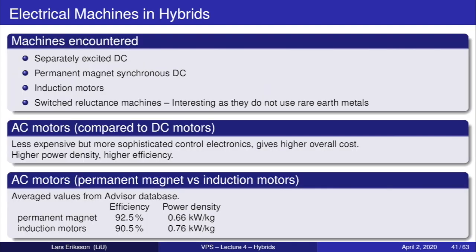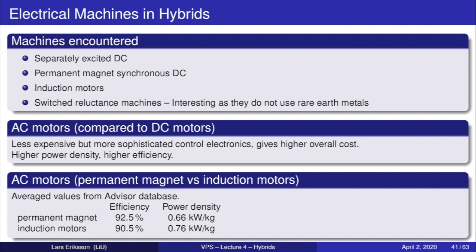There are various electrical machines in hybrids. Mostly we have permanent magnet synchronous machines and induction motors, and people are talking now about switched reluctance machines. These are interesting as they don't need rare earth metals like neodymium for magnets. The AC motors compared to DC motors are less expensive, but they require more sophisticated control electronics, and that gives a higher overall cost.